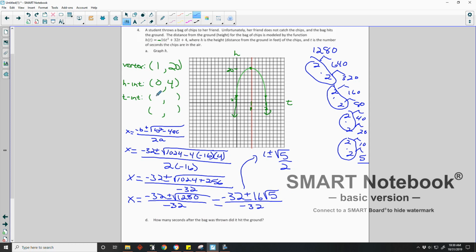So my x-intercepts, or my t-intercepts, are 1 plus the square root of 5 over 2, comma 0, and 1 minus the square root of 5 over 2, comma 0. And those are these two values here. Okay?